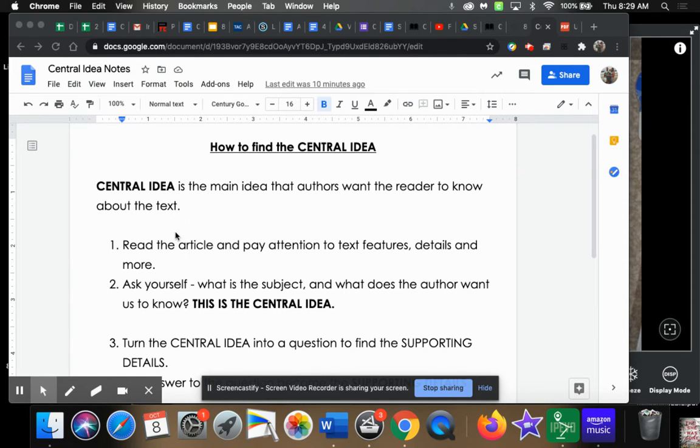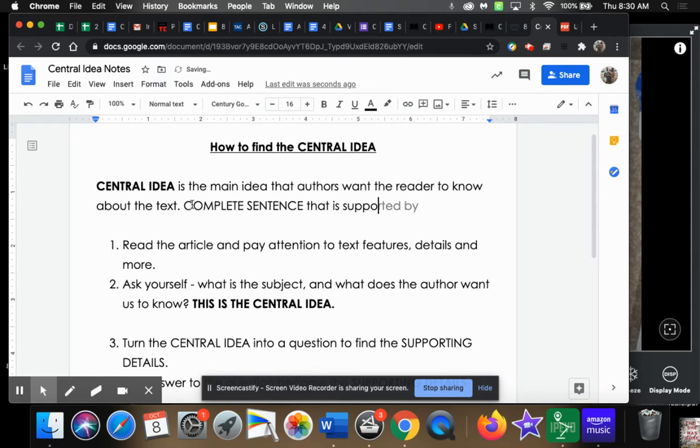The central idea, you might want to write this part down, is the main idea that authors want the reader to know about a text, okay? It's a complete sentence, okay? This needs to be a complete sentence that is supported by details in the text.